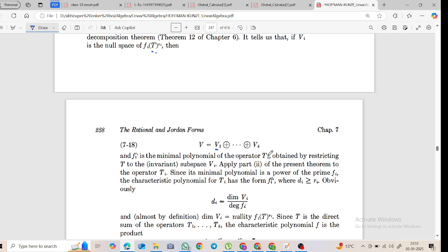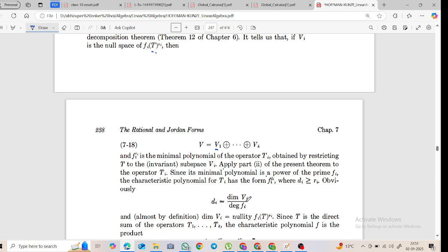Ti is obtained by restricting T to the invariant subspaces, right? Apply the present theorem to the operator Ti. Since its minimal polynomial is a power of the prime Fi, the characteristic polynomial for Ti has the form Fi to the power Di, where Di is greater than or equal to Ri, of course.